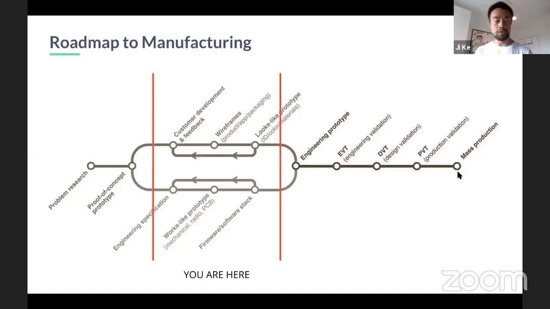So you are here, and when you look at this whole scope, you probably have already met some, or heard about some, or know some manufacturers that can work with you across all of these spectrums.